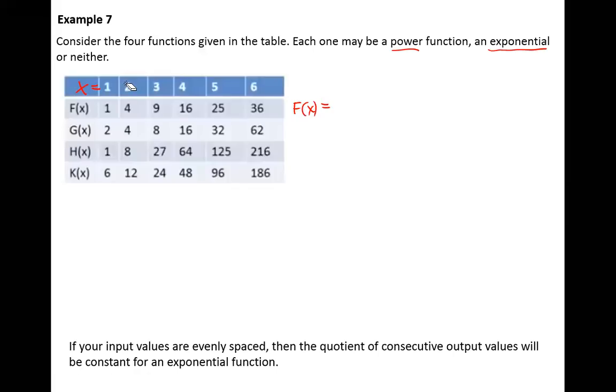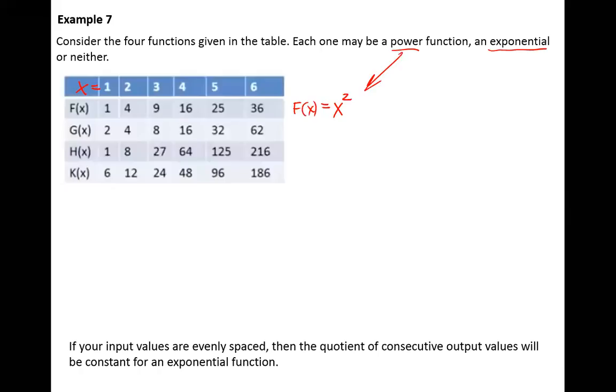In order to get 9 from the input 3, what will you do? You will square that number. Thank you, Adam. Yes, Christine, thank you. You square 4 to get 16, you square 5 to get 25. We can see how nice and easy the values are. This is definitely a power function, with power 2.